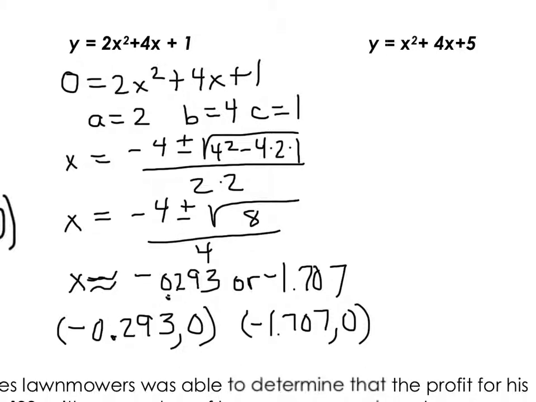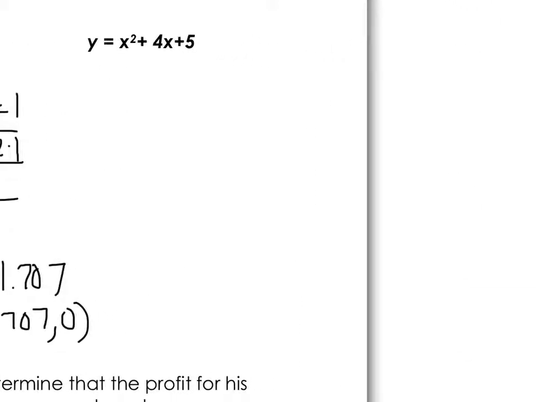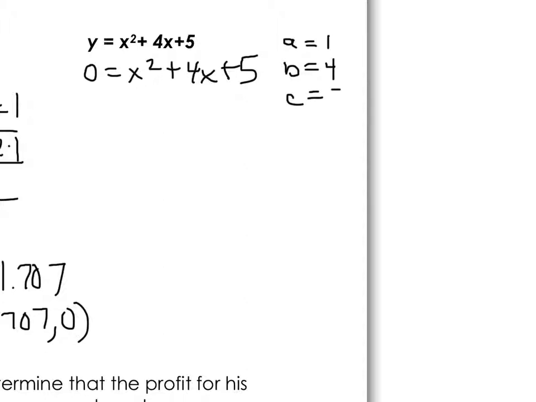So let's look at our final example here and think about what the x-intercepts are. Can you factor this? No. But we can use the quadratic formula. A is 1, B is 4, C is 5.